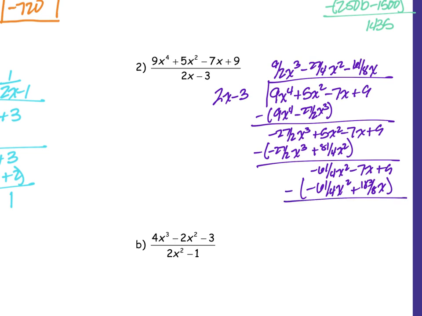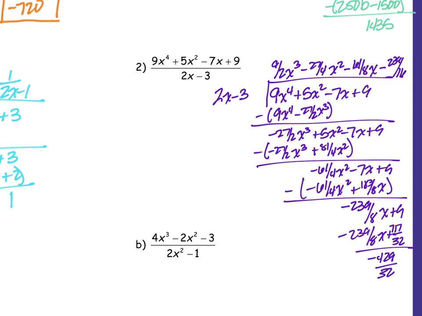Subtract that, and I get negative 239 eighths x plus 9. And then this is negative 239 sixteenths, which gives me negative 239 eighths x plus 717 32nds, which gives me a remainder of negative 429 32nds.